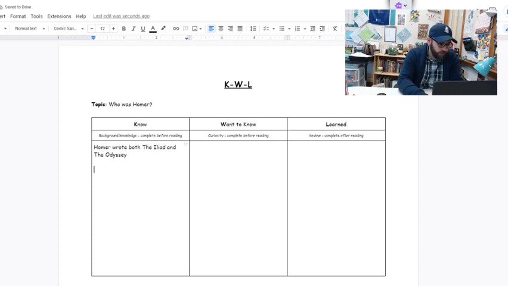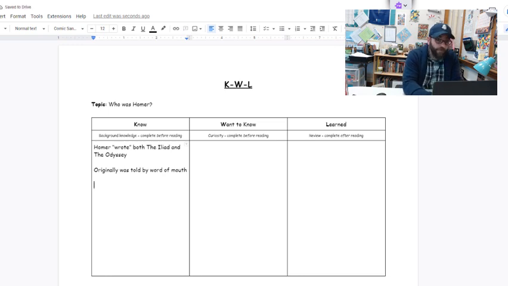And by wrote, I should put that in quotations because we really mean told the tale. So I'm going to also add, because I know that this is before the printing press, it's before people even started to jot down these stories. So originally it was told by word of mouth. It was memorized.